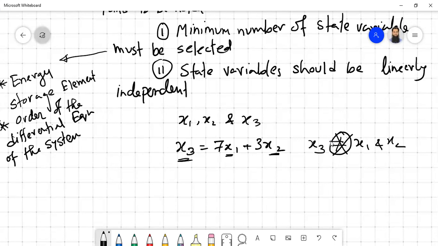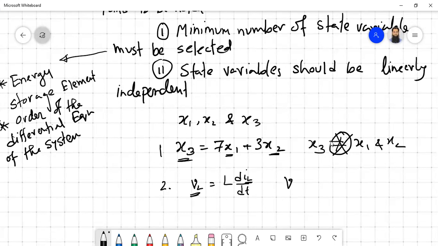Similarly, linear independence also concerns derivatives. Say for an inductor, voltage and current, VL equal to L di_L by dt. One parameter is not linearly related to the other, rather through a derivative term they are related.